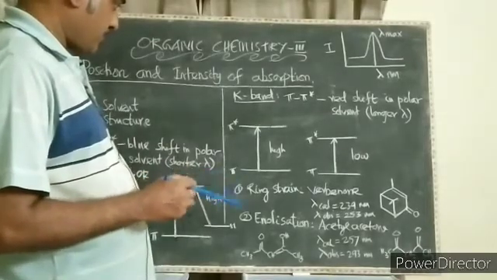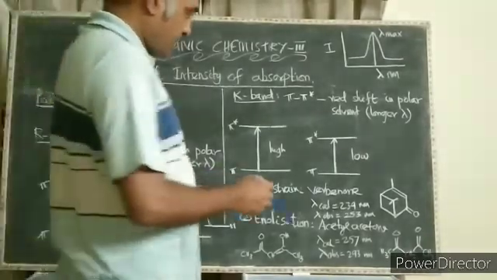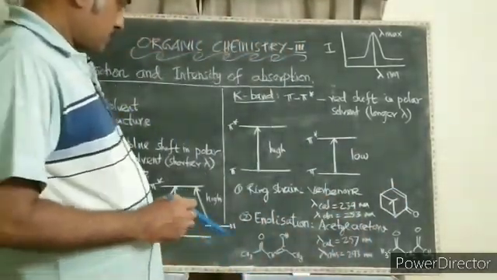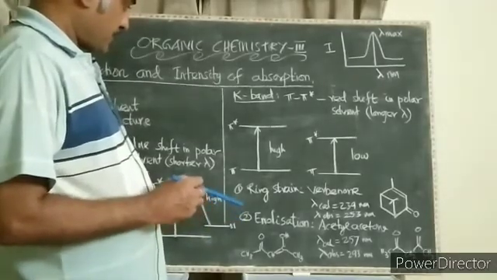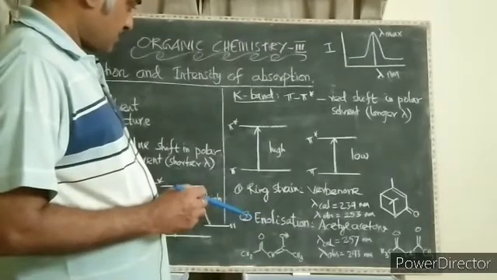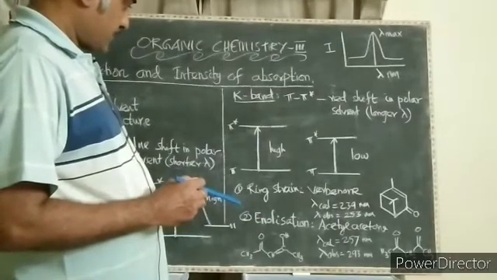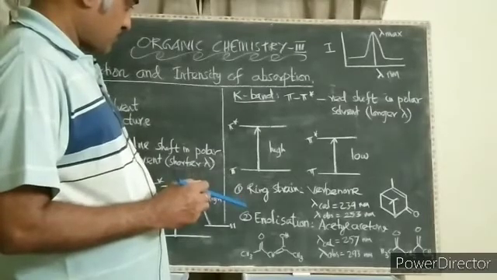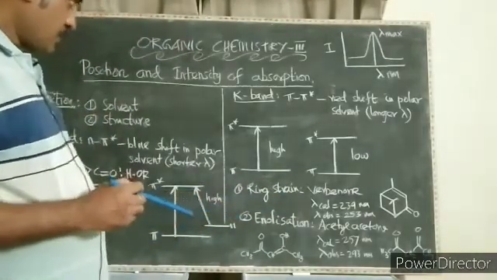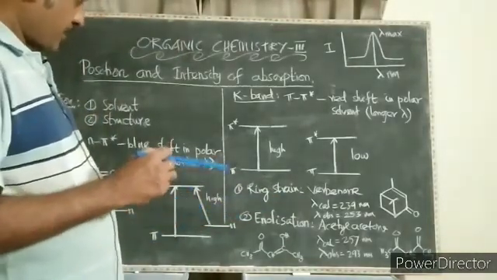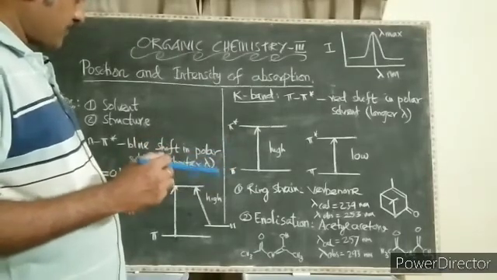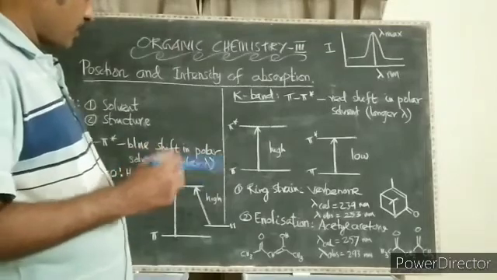Let me take as an example verbenone, a compound which has a ring, and in this compound the wavelength of absorption calculated is around 239 nanometer, but when the UV visible spectrum is recorded, it shows an absorption maximum of 253 nanometer. There is an increment of 14 nanometer, which seems to be due to the ring strain in this verbenone compound.